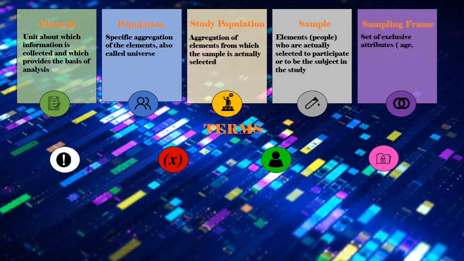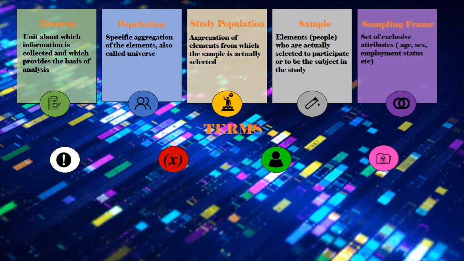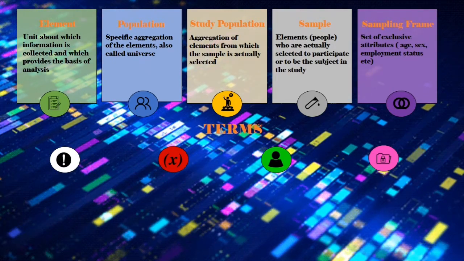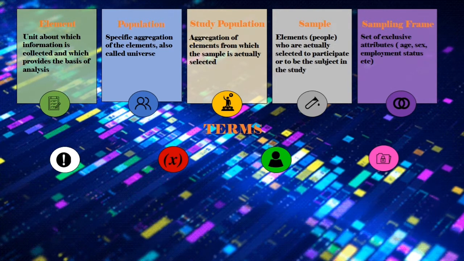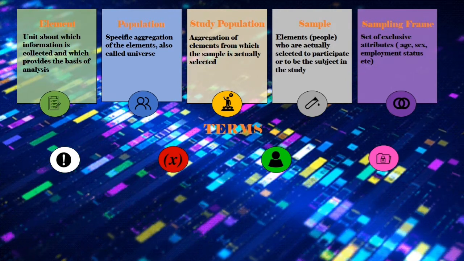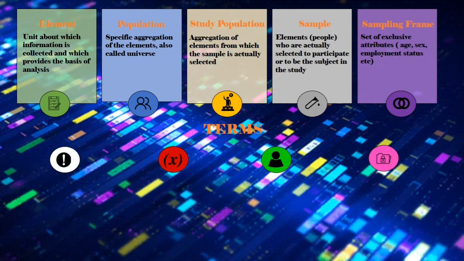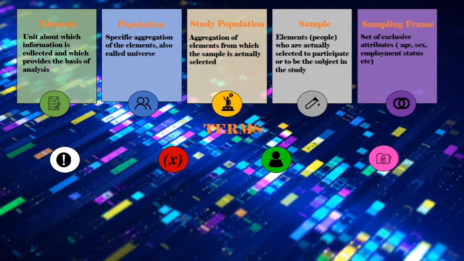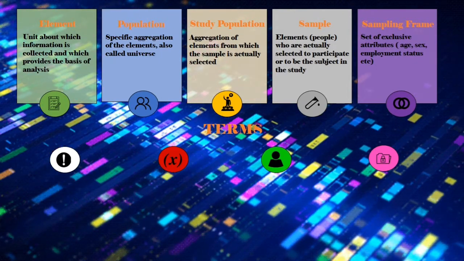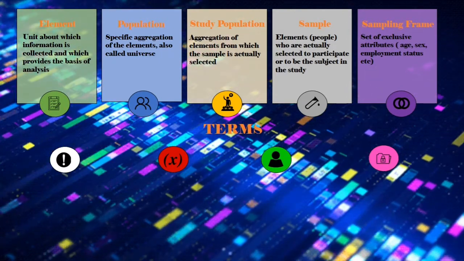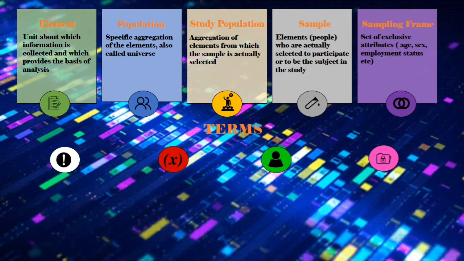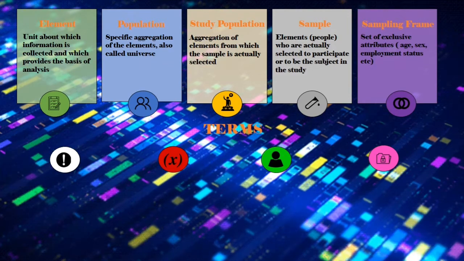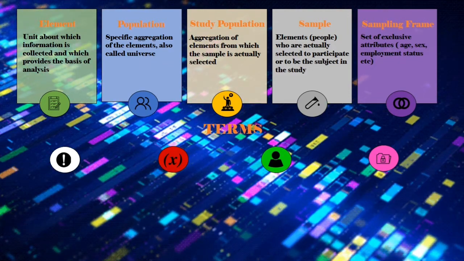Then we have the sampling frame. This is a set of exclusive attributes such as age, sex, employment status, and similar attributes that you may use in your study. So this sampling frame is the source of material or device from which a sample is drawn.